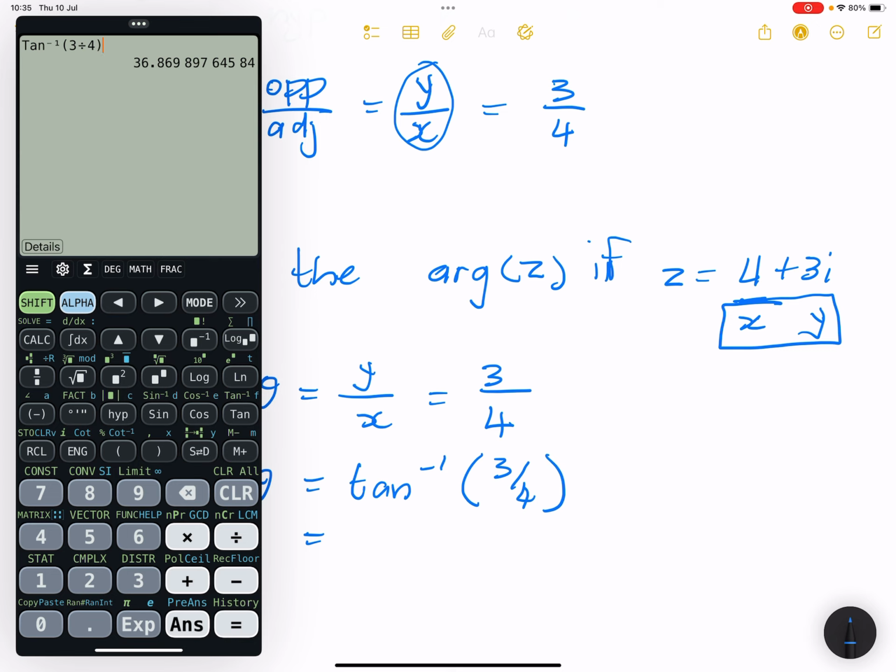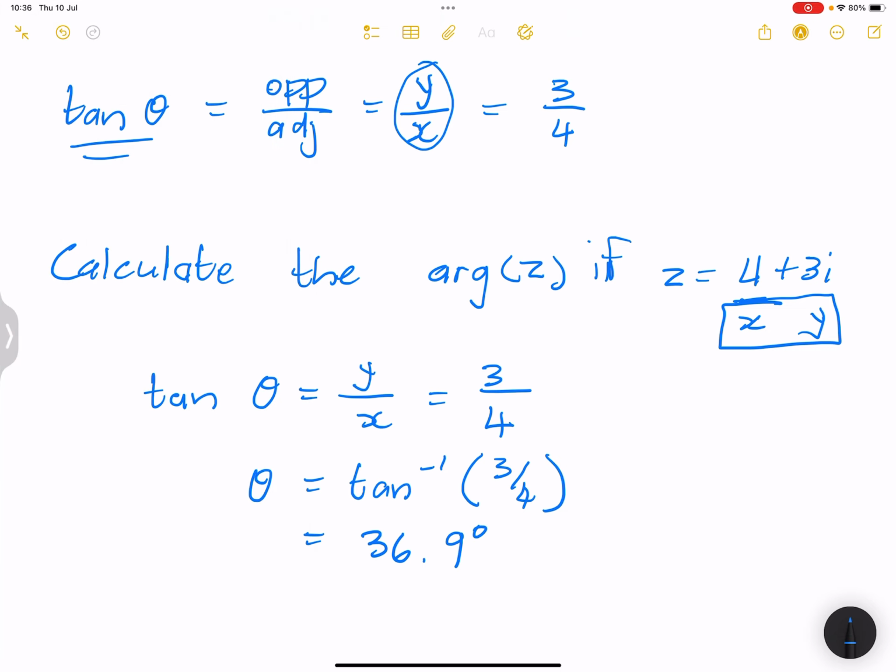That's going to be 36.887. Now of course it will depend on what your examiner decides as the acceptable number of decimal points that you can have. In fact, let's just write this as 36.9 degrees. Let's keep it to 1 decimal. So that's 36.9 degrees.